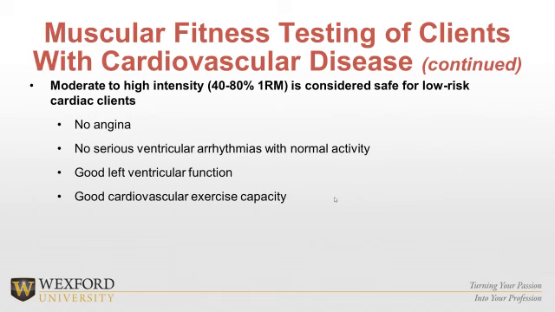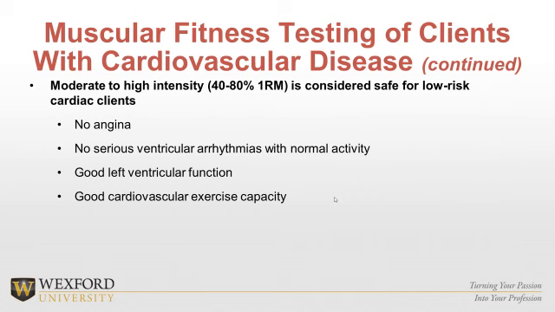Now, testing for cardiovascular disease, you can go moderate to high intensity, 40 to 80% of 1 rep max, if it is considered safe for low-risk clients who don't have any angina, no serious ventricular arrhythmias with normal activity, good left ventricular function, in other words, their left ventricle is very strong, and good cardiovascular exercise capacity.